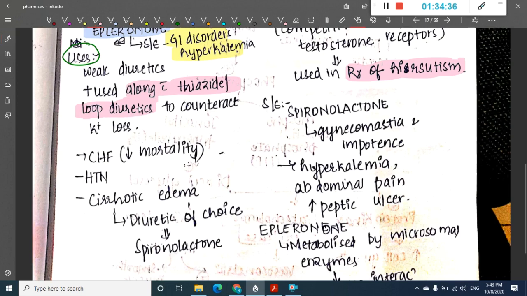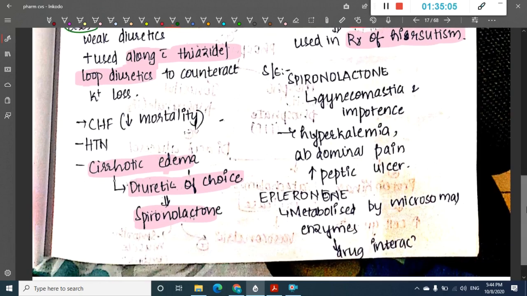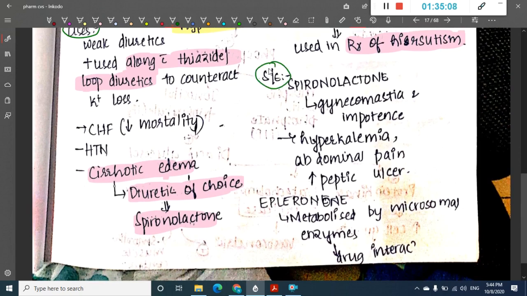They are used in congestive heart failure, hypertension or cirrhotic edema along with thiazide diuretics. But among all this, the one important thing you should remember is that the diuretic of choice in cirrhotic edema is spironolactone.